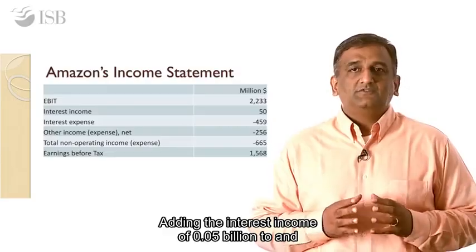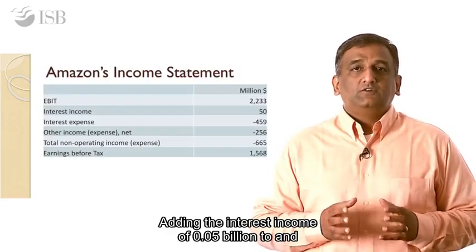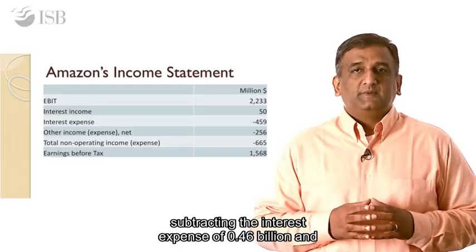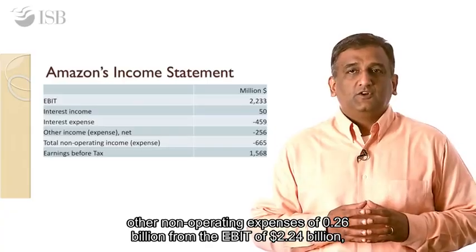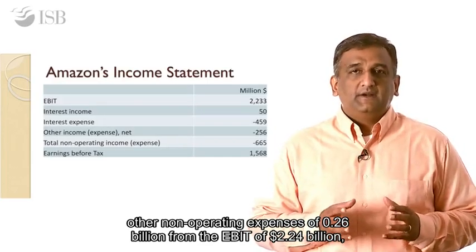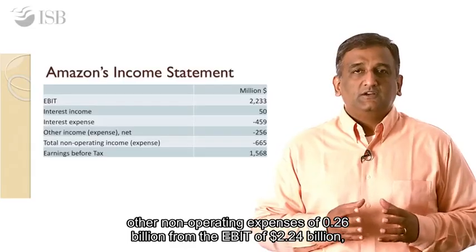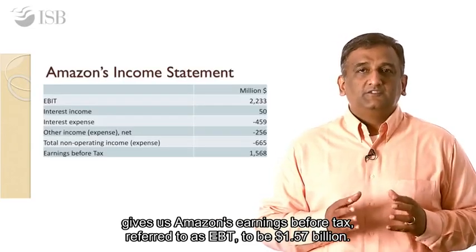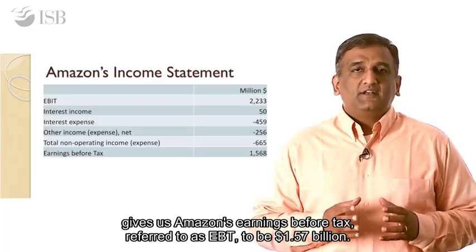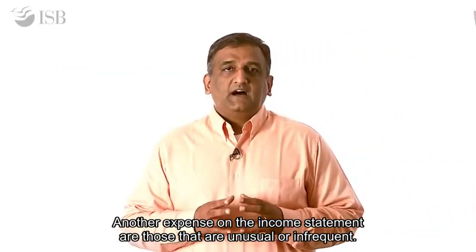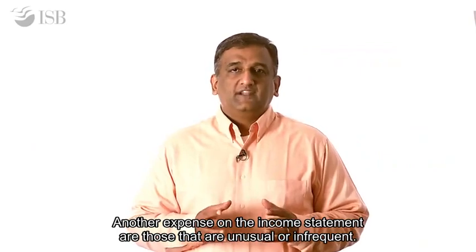Adding the interest income of $0.05 billion and subtracting the interest expense of $0.46 billion and other non-operating expenses of $0.26 billion from the EBIT of $2.24 billion gives us Amazon's earnings before tax, referred to as EBT, to be $1.57 billion.